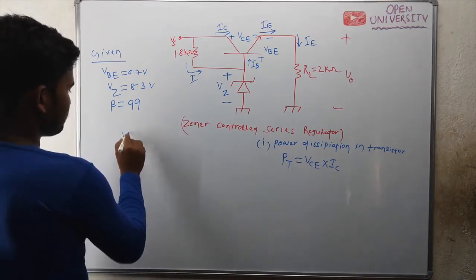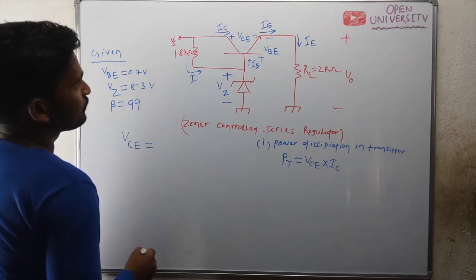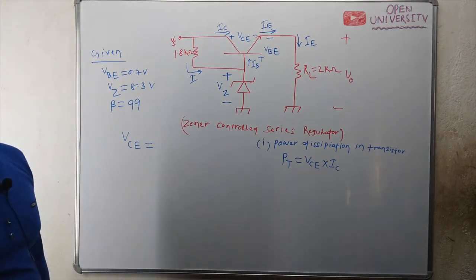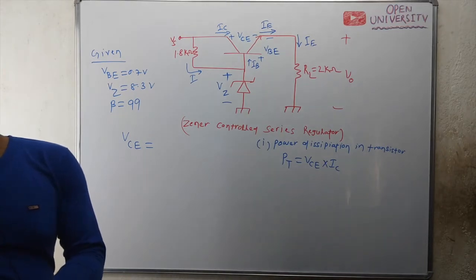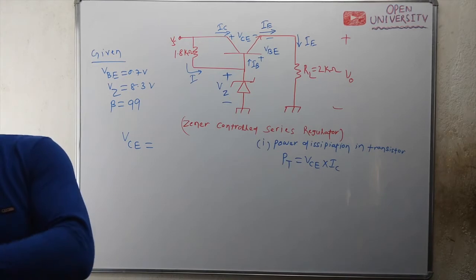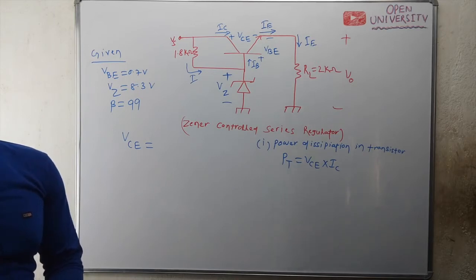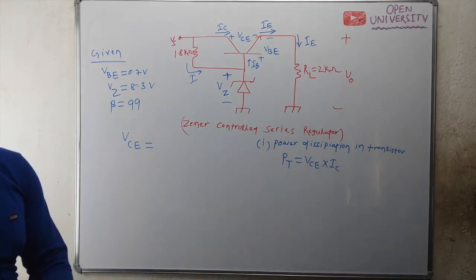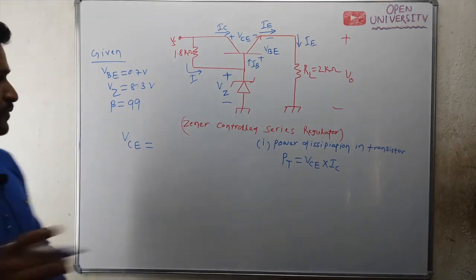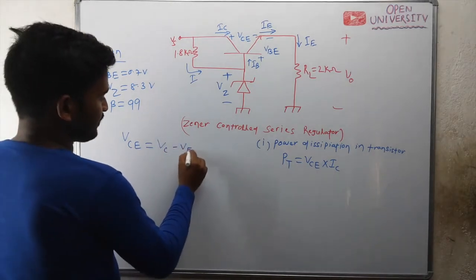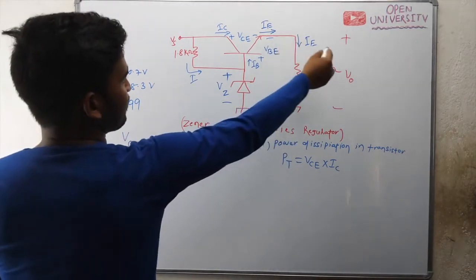How to get the VC value? VC will be equal to Vs minus V naught, because VE is nothing but V naught.